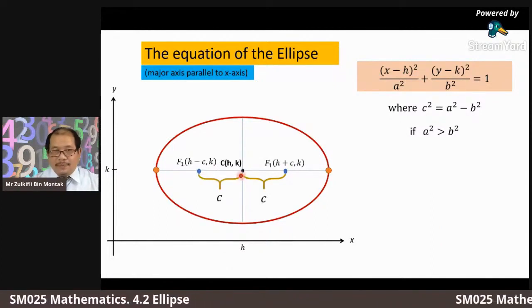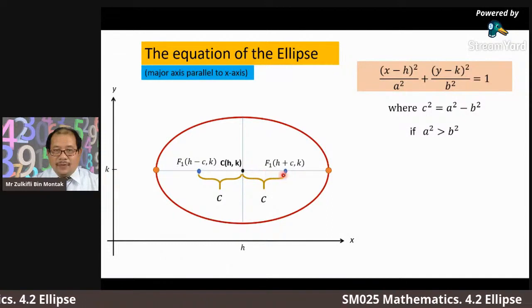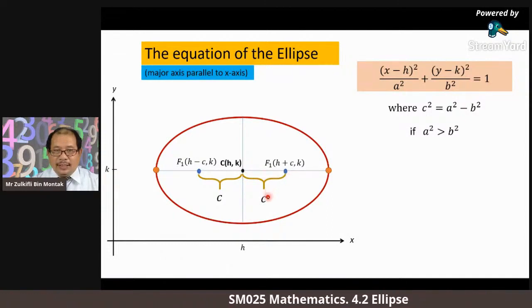The distance from the center to the focus equals c.